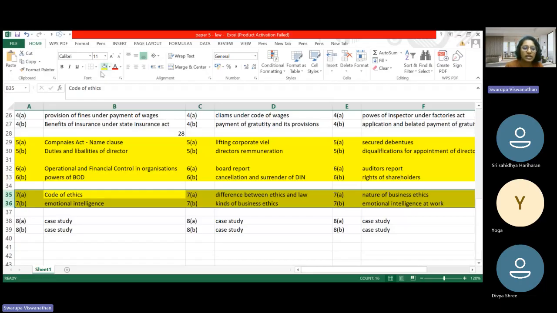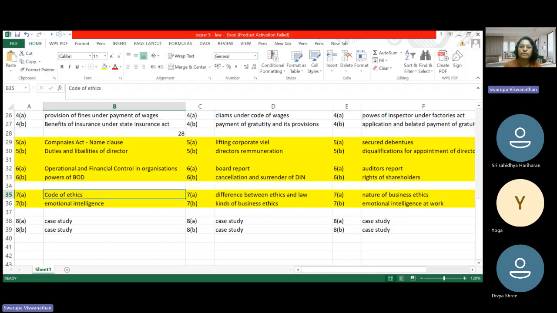If there is a question on code of ethics, you should know what the code of ethics mentioned in your book is. Those headers are very important. What you write under the header you can write in your own words, but the headings should be as per the study material, because that is what will help you score marks.